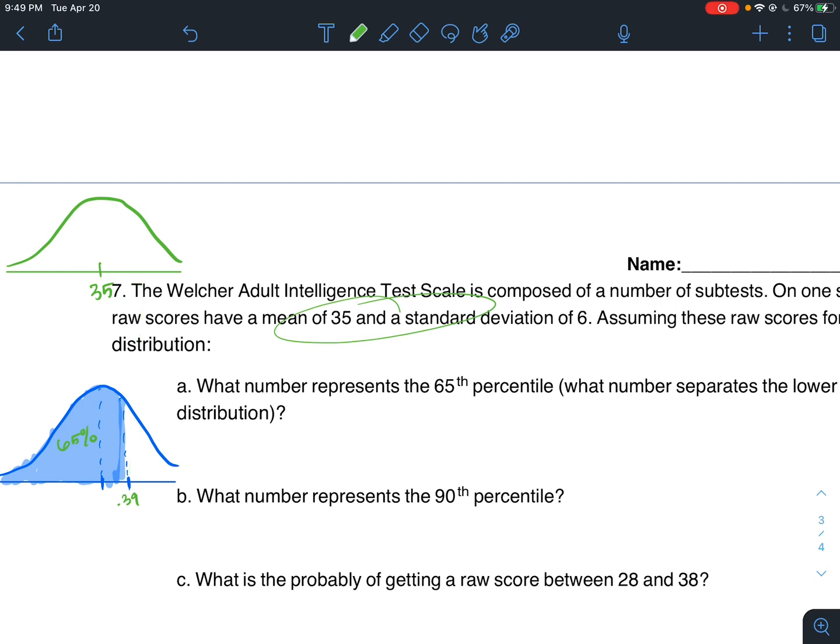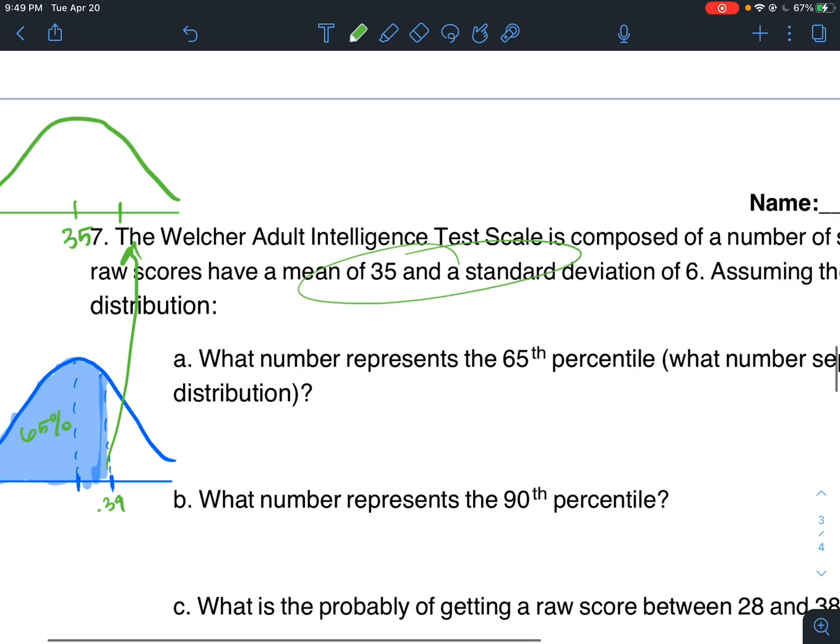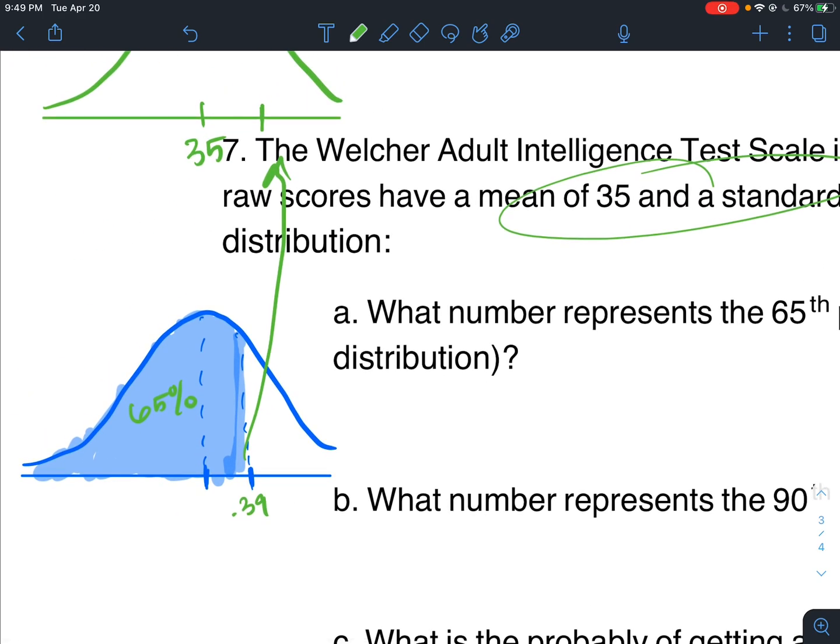So what would be the actual score, not the standard normal score, okay? So what I need to do is work backwards. I'm going to use the z-score equation, but this is what I'm trying to solve for.